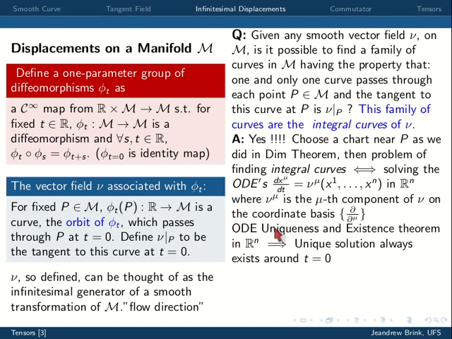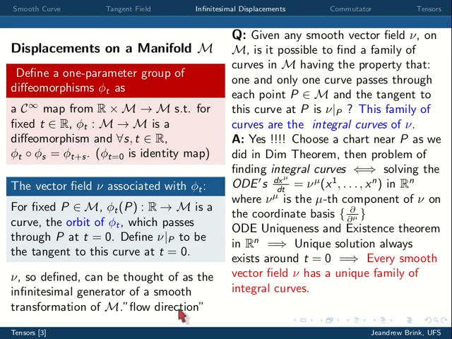Right. So the fact that a unique solution exists to this problem means we can always get the actual coordinates out given the vector field, at least in a region close to the point we're considering. So what this means is that every smooth vector field V has a unique family of integral curves associated with it.